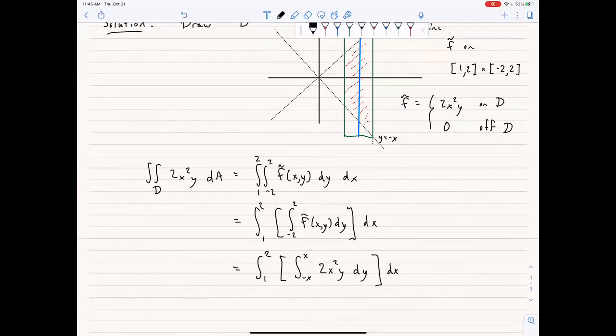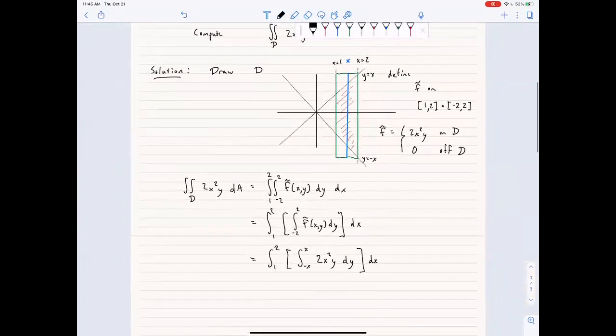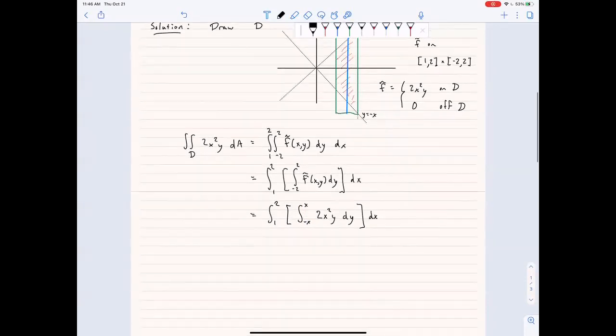So what we see when we're working with more general domains is that the functions that are bounding our domain enter into the endpoints of integration. But again, these are sort of fixed. We're thinking that we're only integrating y here. We're not doing any integral with x. So let's go ahead and integrate.